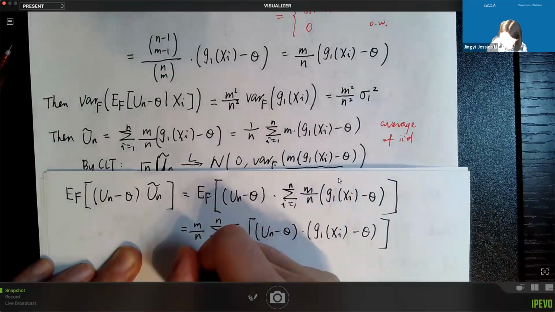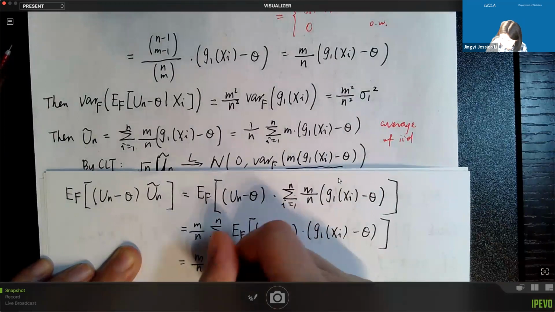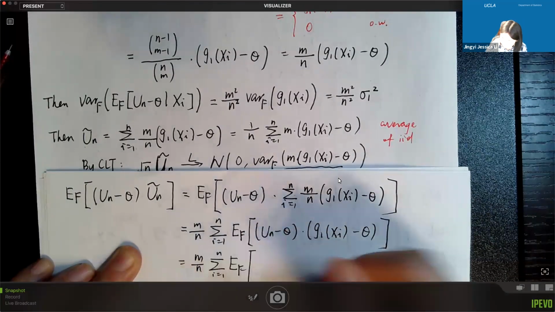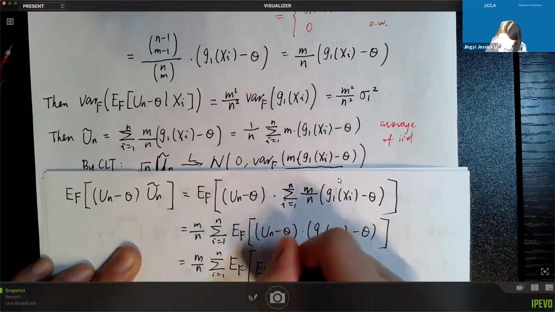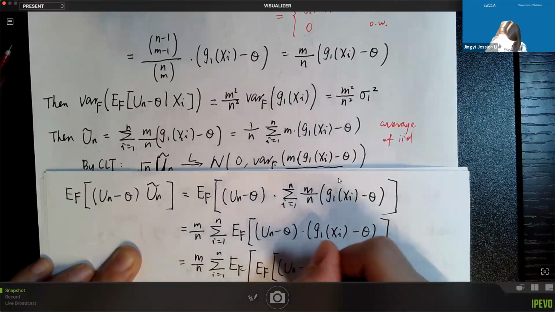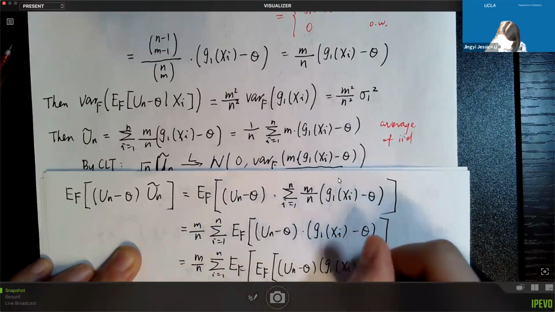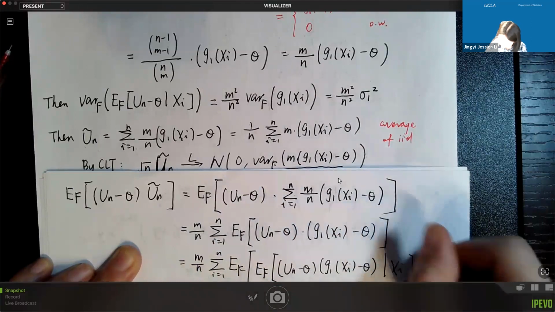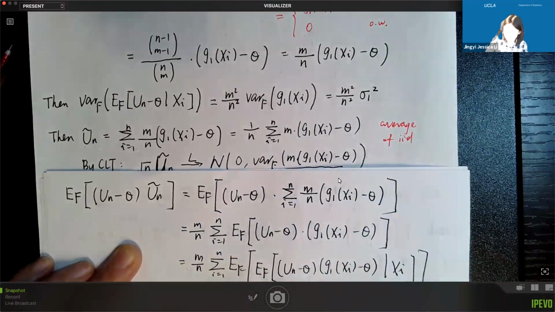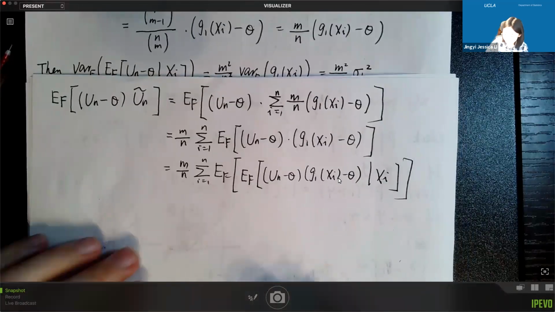This is the outer expectation, and in the inner one, we have (Un minus theta) times (g1(Xi) minus theta), conditioning on Xi. Now again, it's easier.